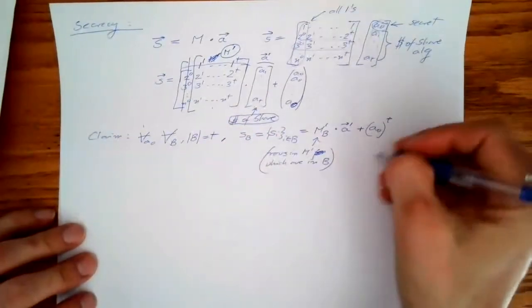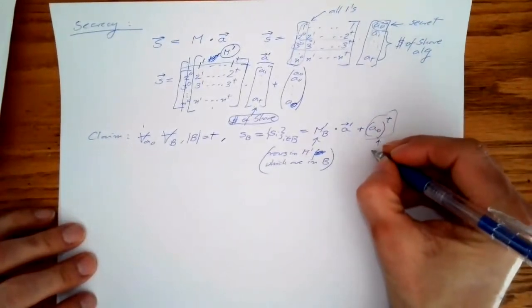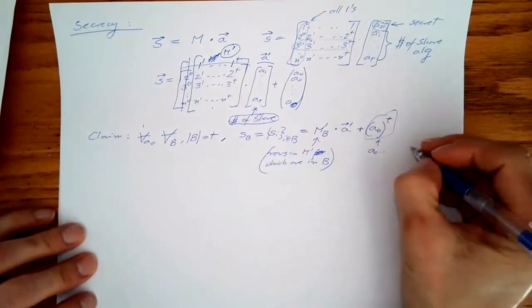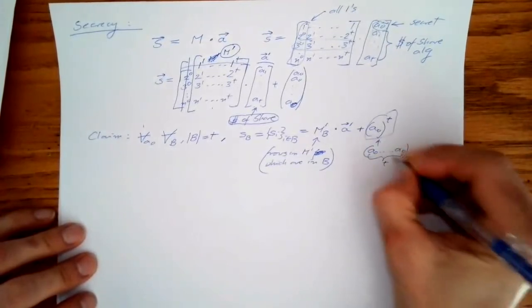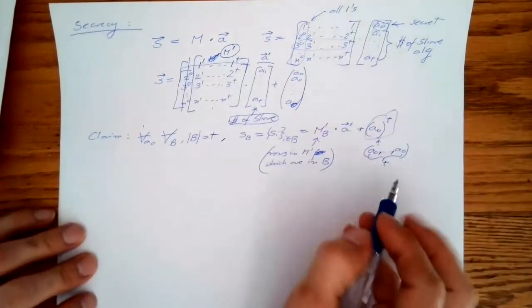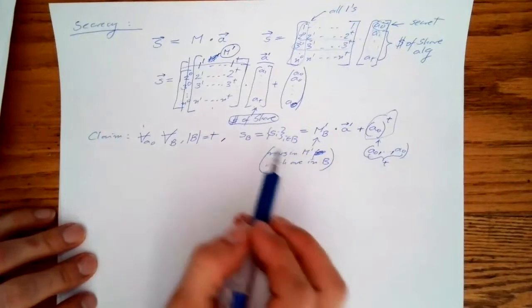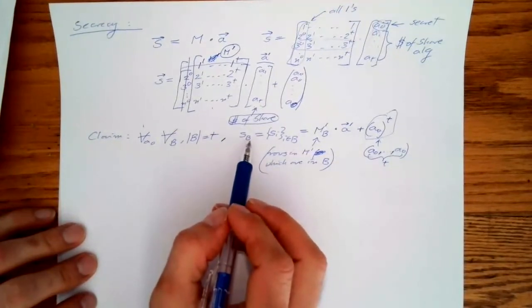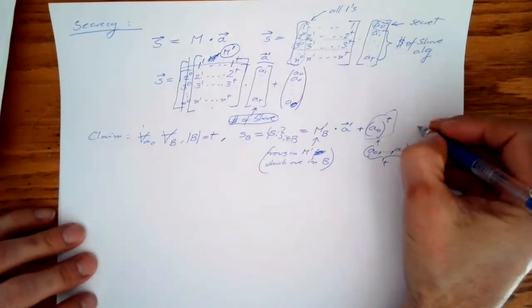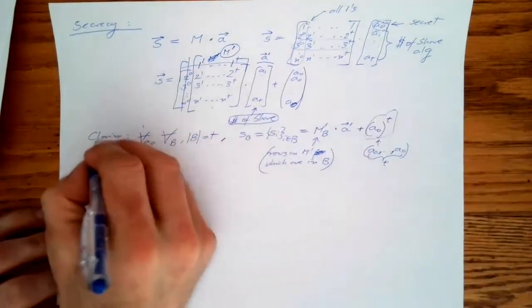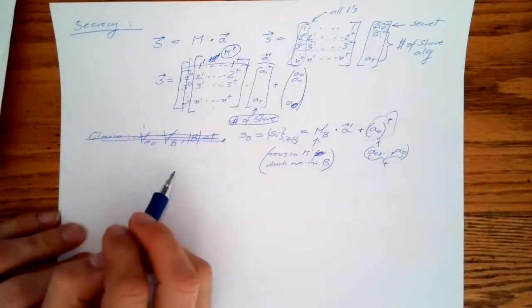This is a funny notation, but it stands for a T-dimensional vector whose entries are all A0. First, let's just observe that this is what SB is.